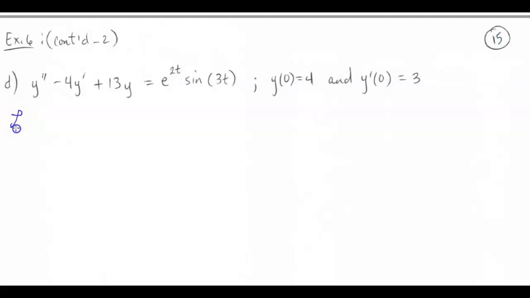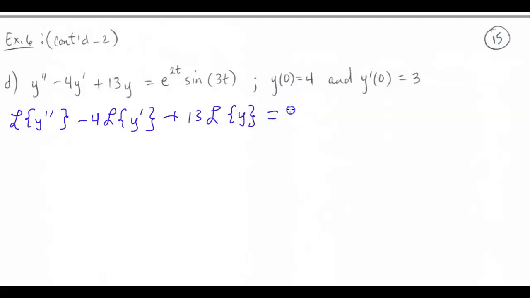So we're going to take the second derivative of our solution that we'll find out, minus the first derivative, plus 13 times the function itself. And then we're going to take the Laplace transform of e raised to the 2t times sine of 3t.